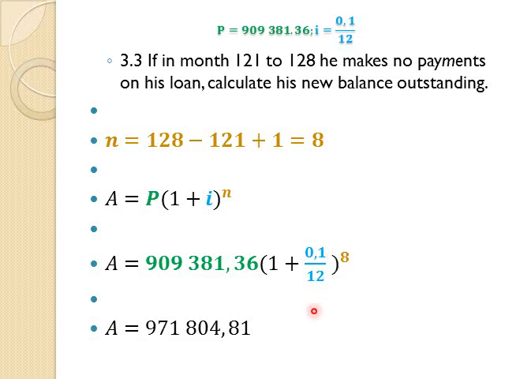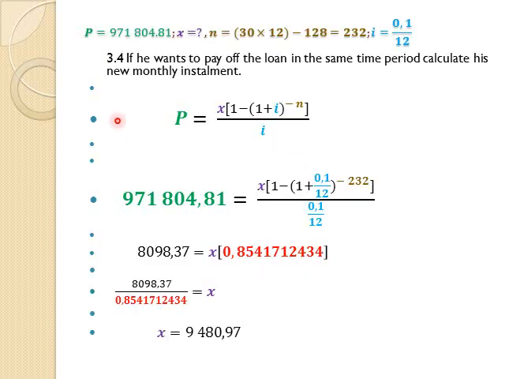So for the 8 months I'm not paying, I still owe 971,804 and 81 cents. So my money gets increased every time I don't pay. Right, just to make sure you understand, if I start 121, 122, 123, going all the way to 128, you'll see you count 8 values and not 7. Right? Let's look at the last question.